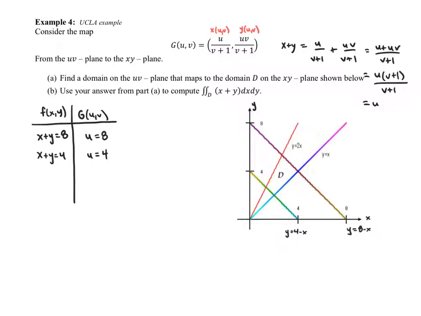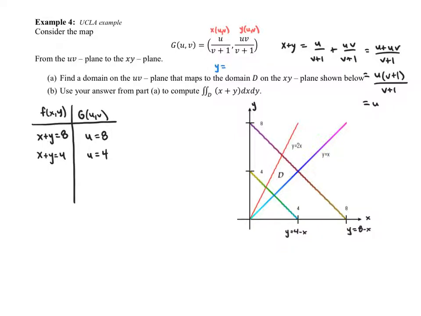That's pretty straightforward. The other thing that we could notice from the original is that if we look at the equation for y right here, that is actually just x times v. So in other words, y is equal to x times v.